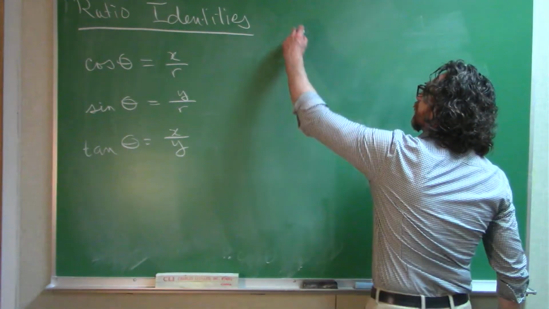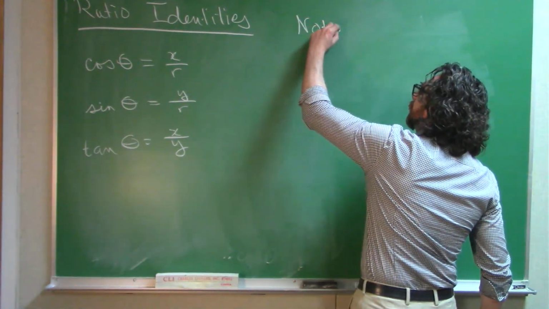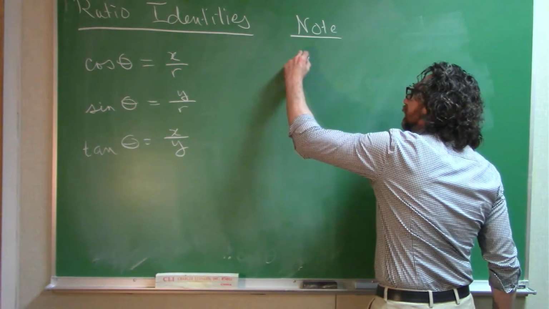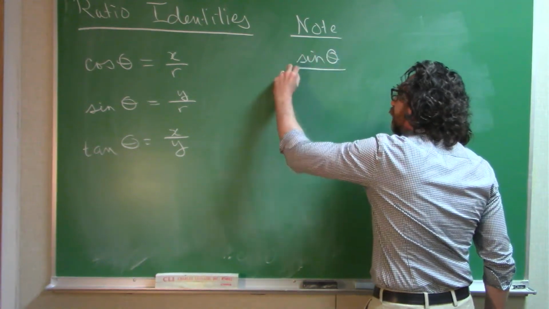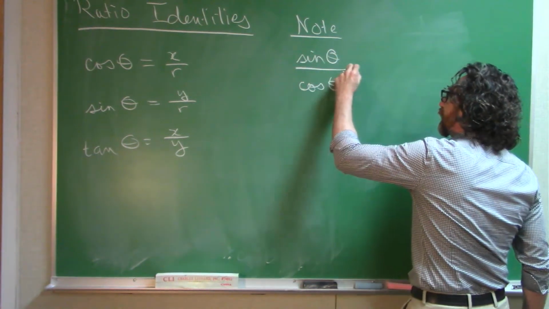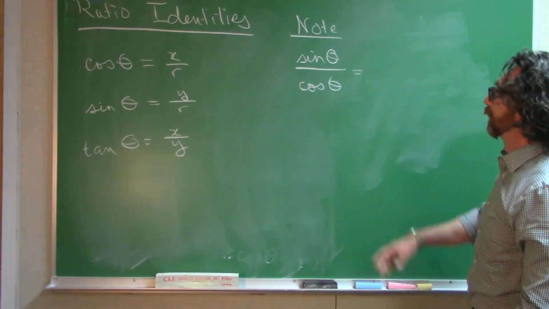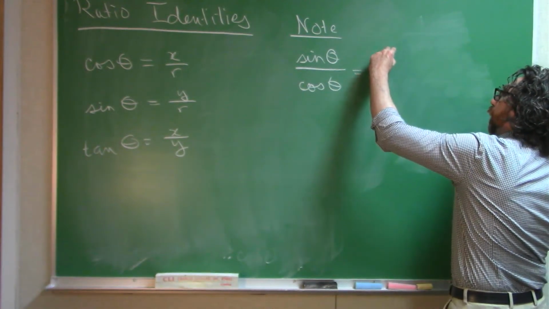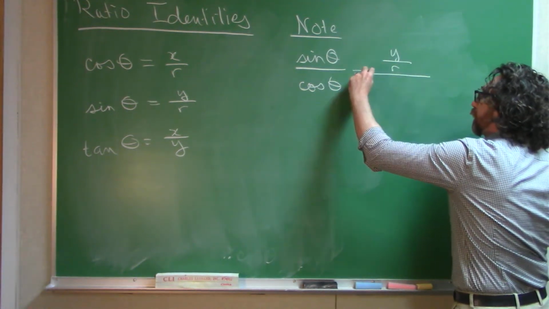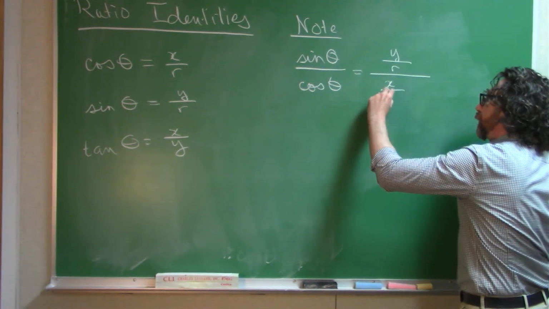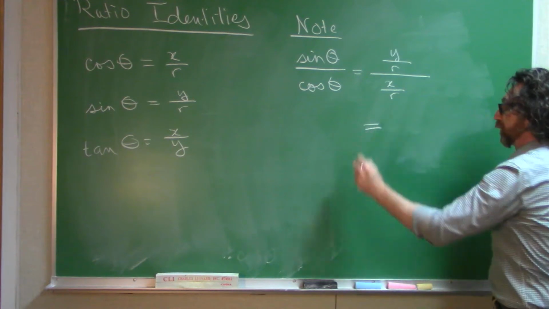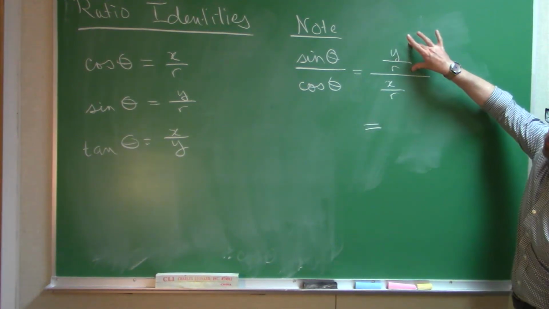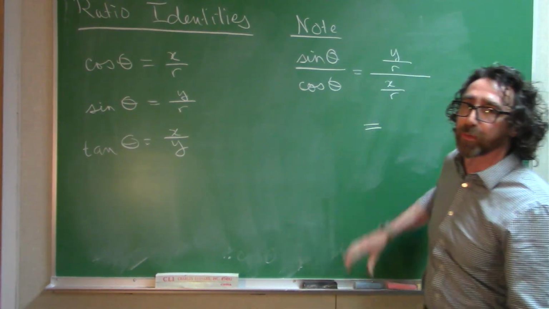Something I want to note here. If I take sine theta over cosine theta, let's go from our definitions. Sine theta is y over r, cosine theta is x over r. We have this fraction divided by this fraction.